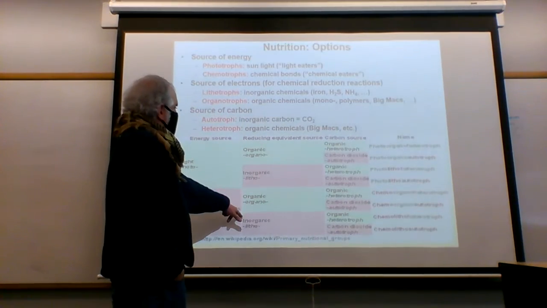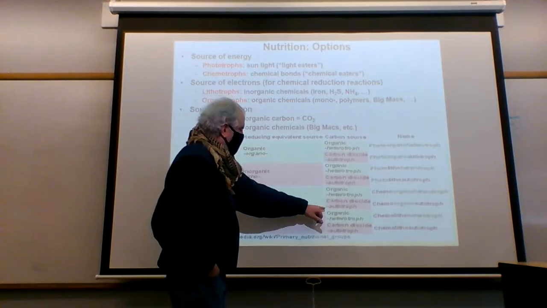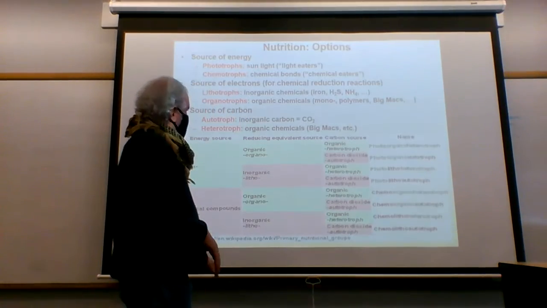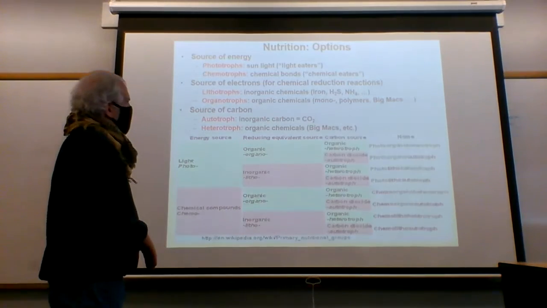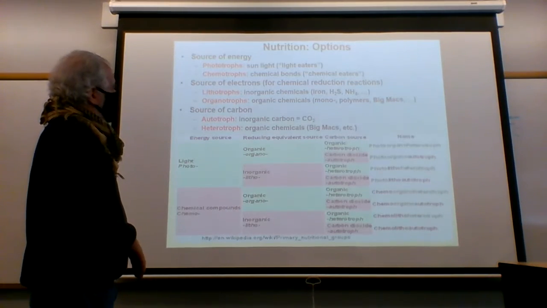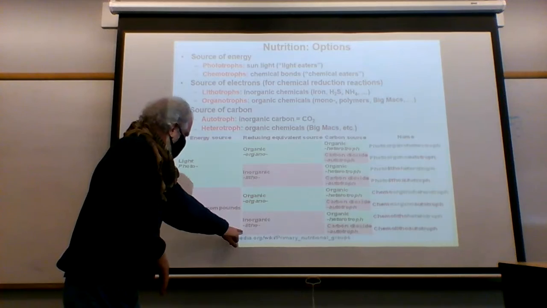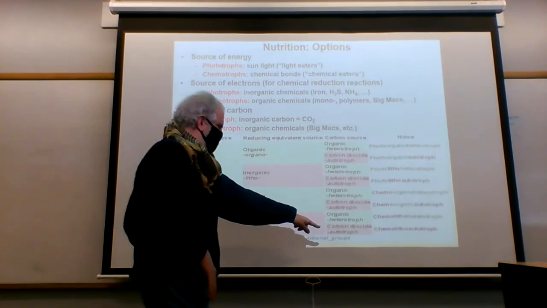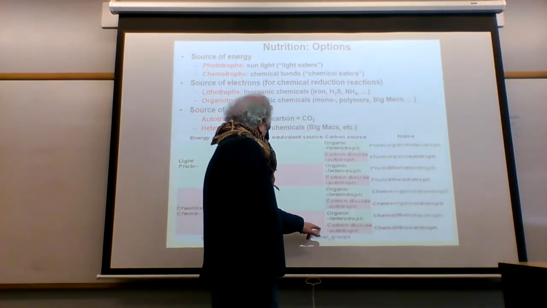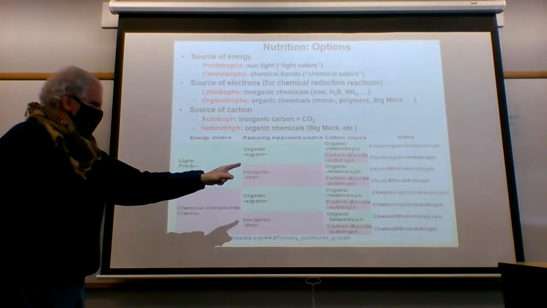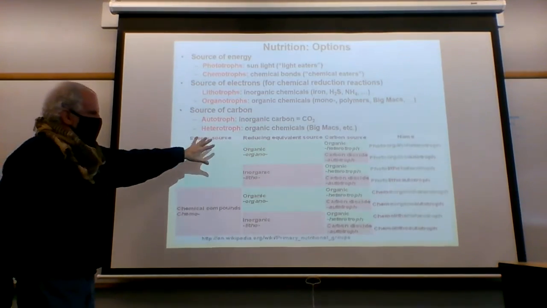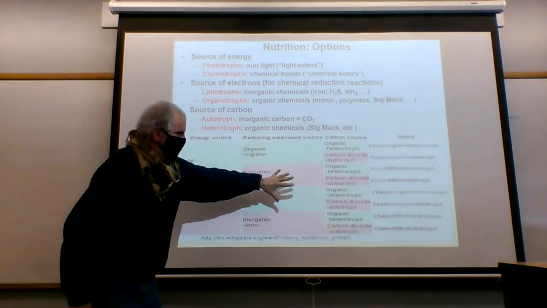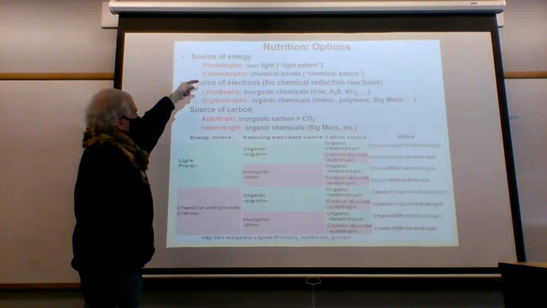Then you got our various plant friends that are chemo-organo-autotrophs. Actually, their source of electrons is not organic. What are these guys? All right, so this is what a plant would be. A chemolitho-autotroph.